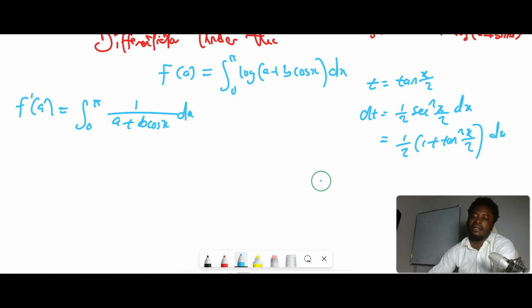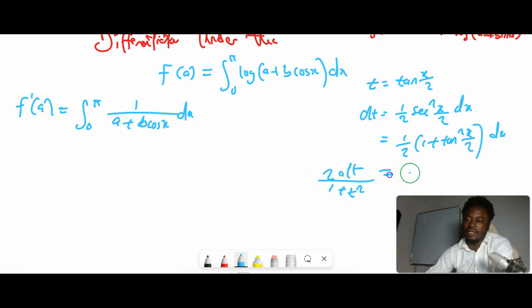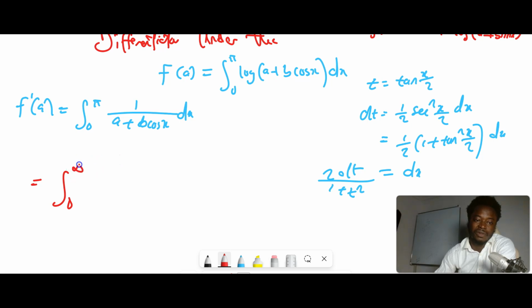So basically 2 dt divided by 1 plus t squared would be dx. What about the limits of integration? When x is 0, you basically have 0. And when x is pi, you have t equal to tan of pi over 2, so the new integral will run from 0 to infinity.